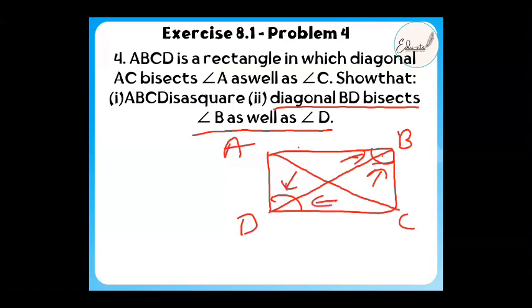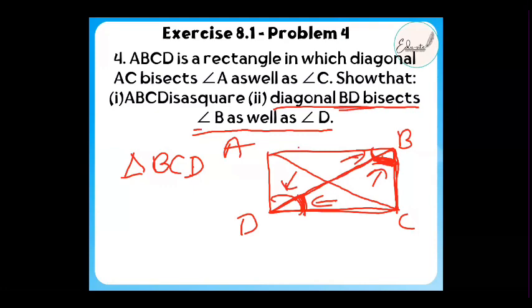To prove these angles, we can consider the triangle BCD and prove this angle is equal to this angle. If you prove these angles are equal, then we can conclude that BD bisects angle B and angle D.